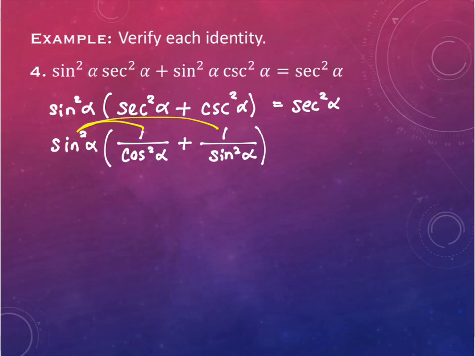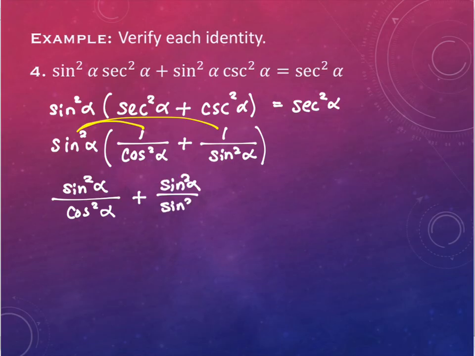So if I multiply this through, I'm going to get sine squared of alpha on top and cosine squared of alpha on bottom. And then over here, what happens when I multiply this one? Yeah, this cancels. Cancels to what? 1. Please be careful when we use the word cancel that we know what we're canceling to.